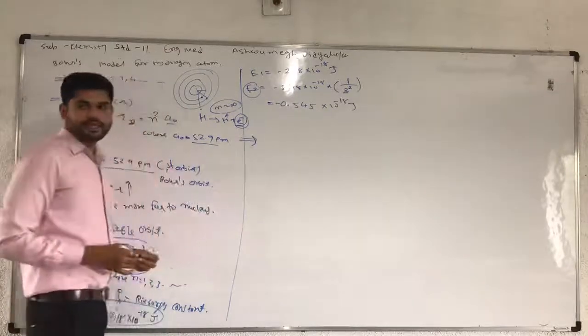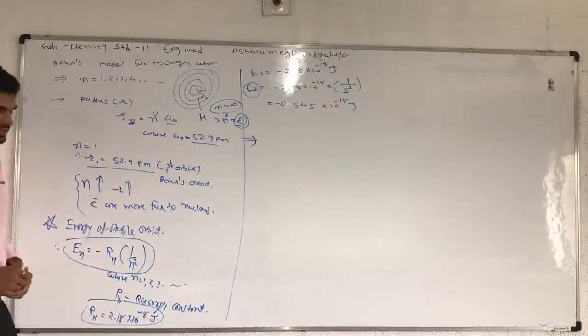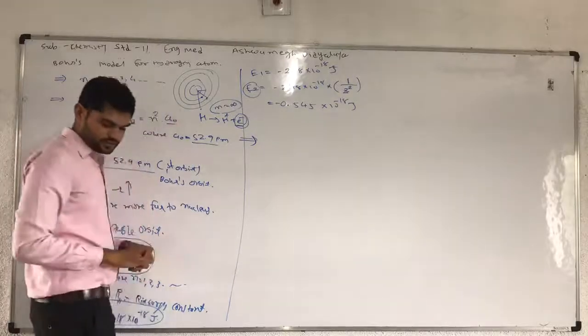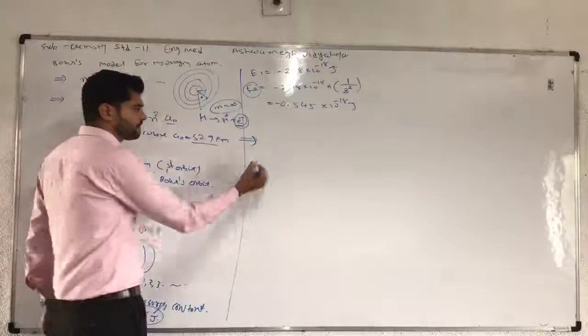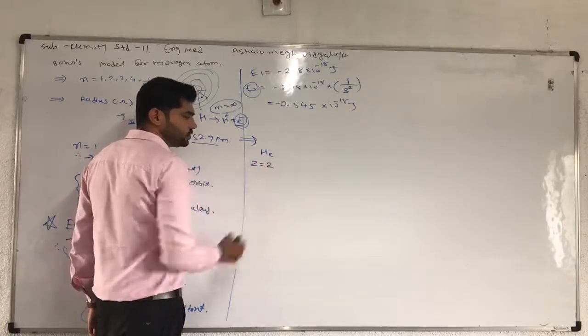Now this concept can be applied for species with an electronic configuration similar to hydrogen. Suppose for helium, Z equal to 2.